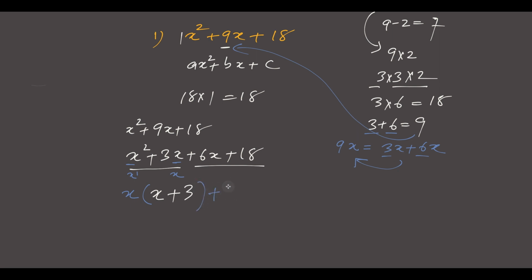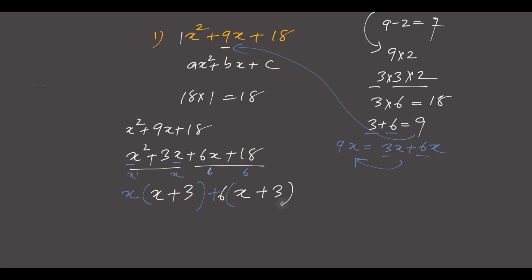Plus. Now again we consider the next two terms. What is common in these two is 6. We have to take 6 as common, and divide by 6 here and here. 6x divided by 6 is x, so x is remaining. And 18 divided by 6 is 3.